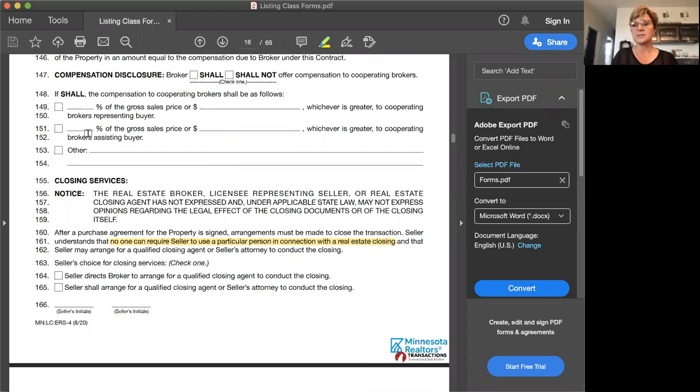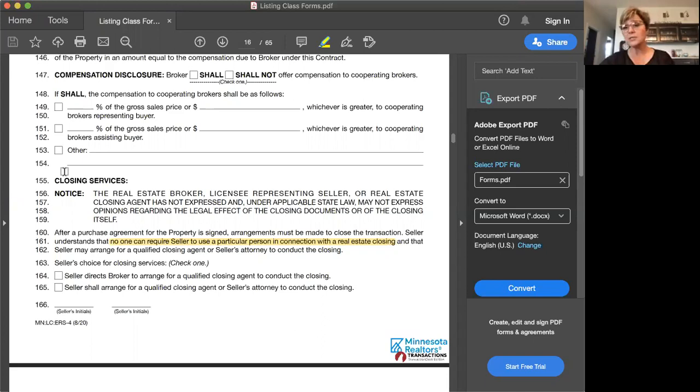Okay, makes sense? And if there's anything else that you're going to do in a unique fashion, maybe I'm going to give a bonus, I'm going to do whatever, you might want to write that in on line 153. Basically what this is, you're disclosing to the seller how you are going to compensate the other brokerages when they bring you a buyer.